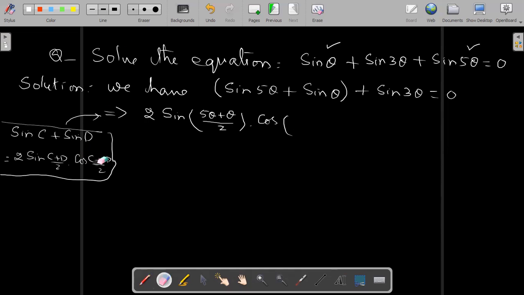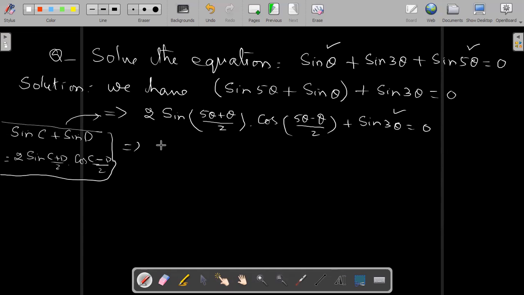Sorry, I have written plus for both. It is (5 theta minus theta)/2, plus sin 3 theta is equal to 0. Why have I taken 5? Because 5 plus 1, 6 divided by 2, you will get 3 theta.